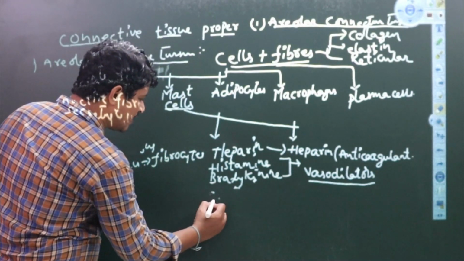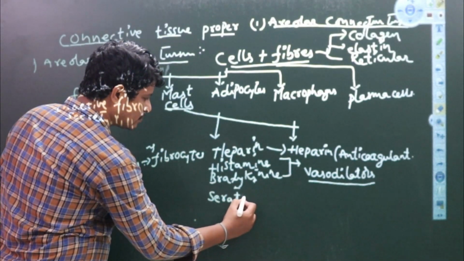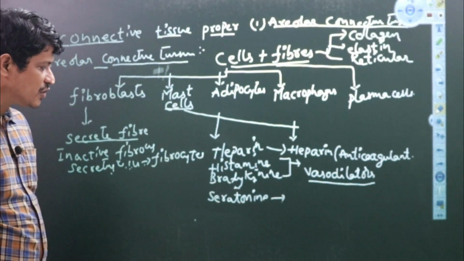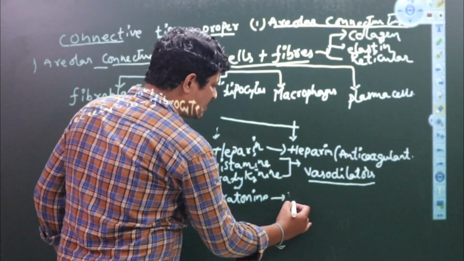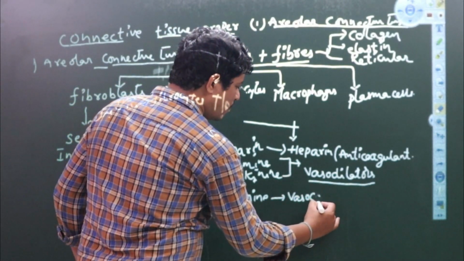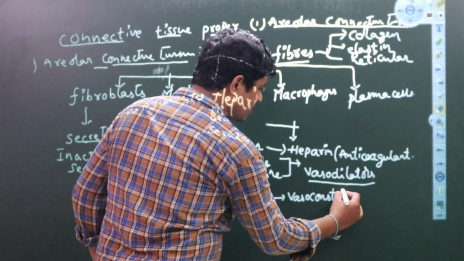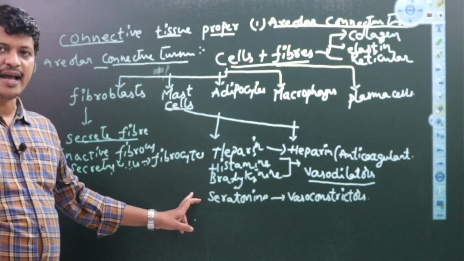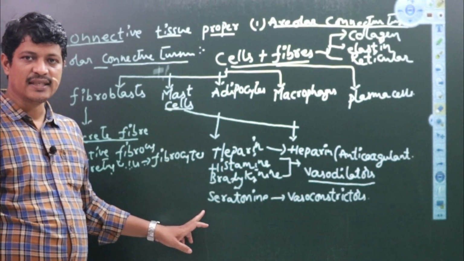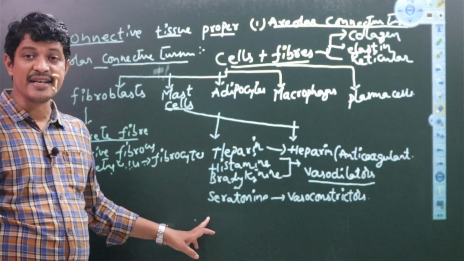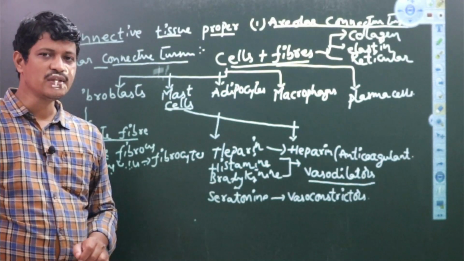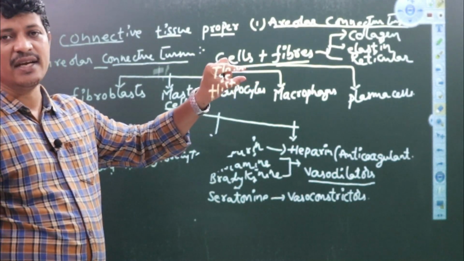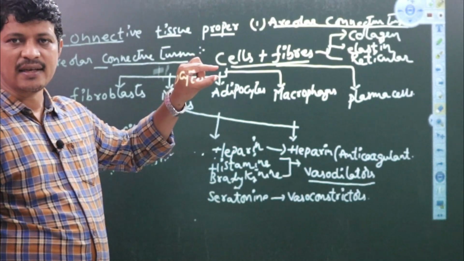And another one is serotonin. This serotonin acts as a vasoconstrictor of the body. Histamine and bradykinin act as vasodilators, whereas serotonin acts as a vasoconstrictor. Vasoconstrictor means that it decreases the volume of the blood vessels, which prevents excess receiving of the blood by the heart.